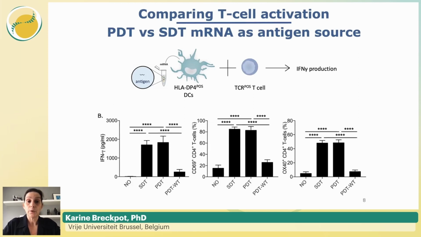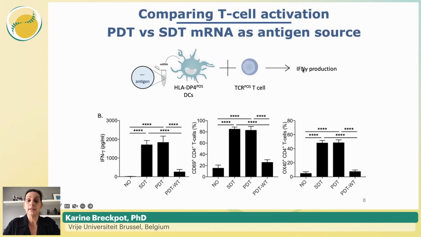As I mentioned, we also should be able to present epitopes in HLA class II using this dendritic cell lysosomal associated membrane protein, the DC-LAMP. To prove that, we did a similar setup where we have dendritic cells that are positive for HLA-DP4, modified to encode the antigen MAGE-A3 using messenger RNA, and then co-cultured with T cell receptor positive T cells.